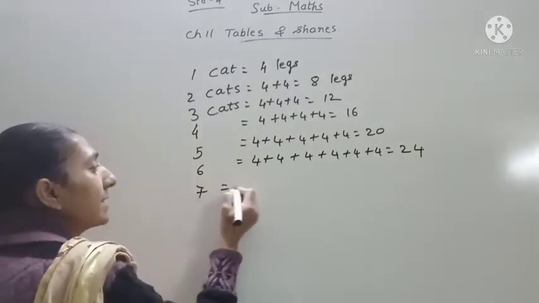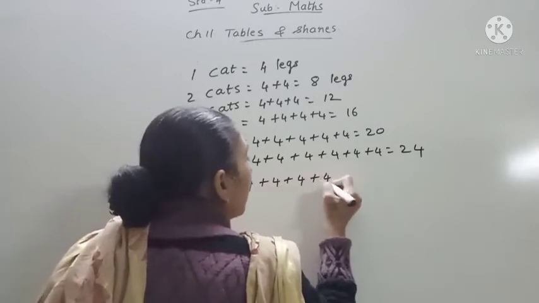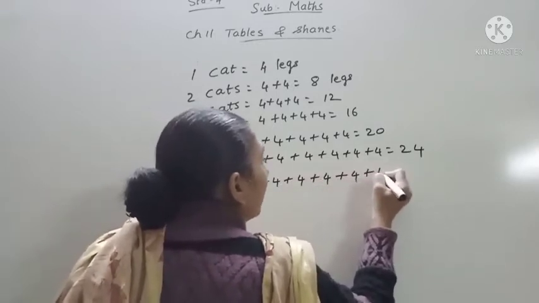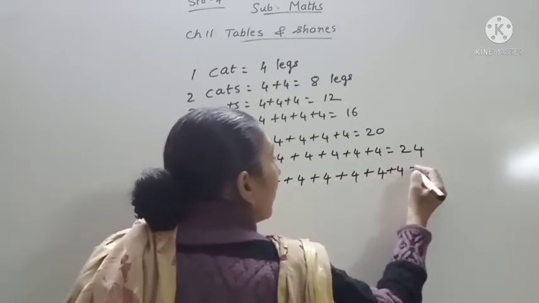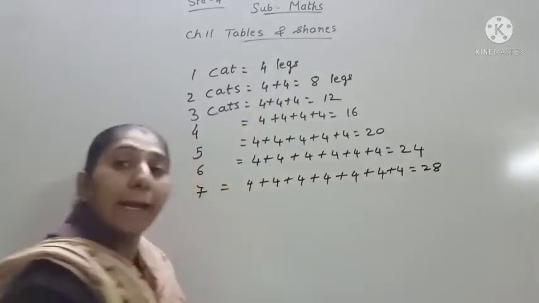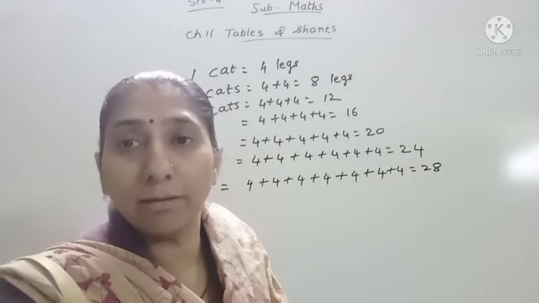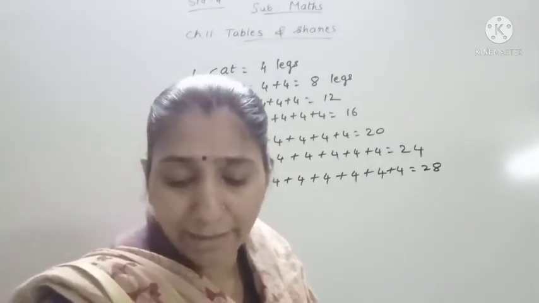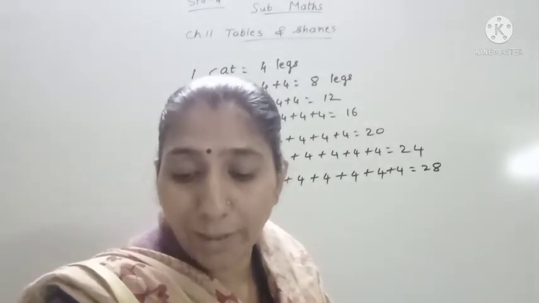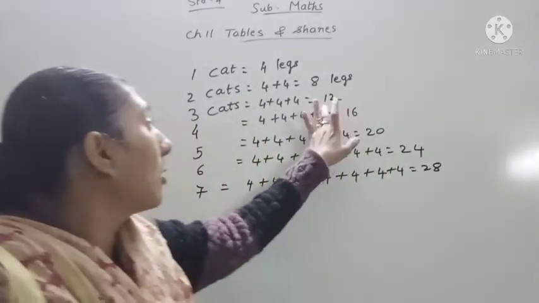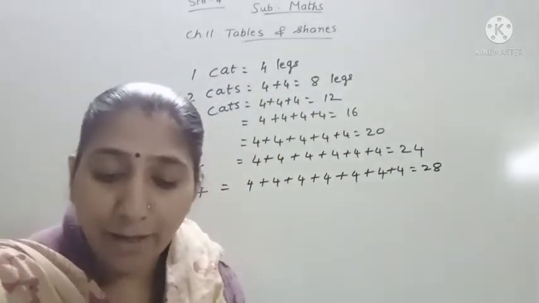And if there are 7 cats, 4 plus 4 plus 4 plus 4 plus 4 plus 4 plus 4 is equal to 28. So in this way we have to find out by the addition method how many cats are there. So in the blanks, first one, 8 legs means 2 cats. 12 legs means how many cats? 3 cats.